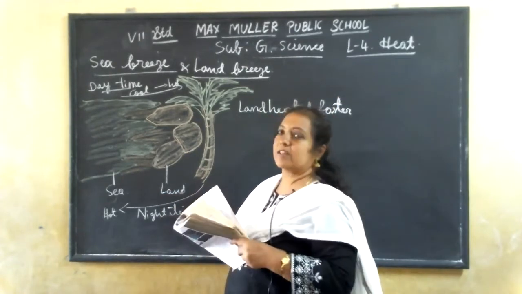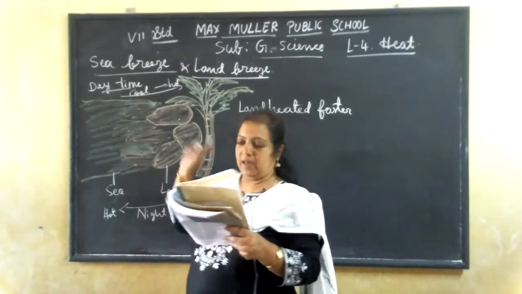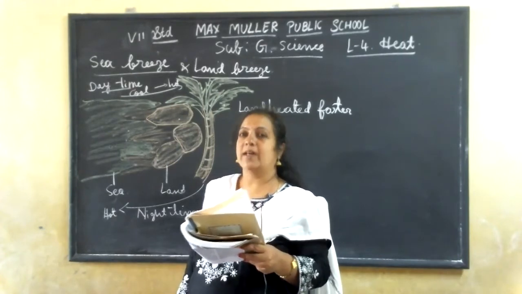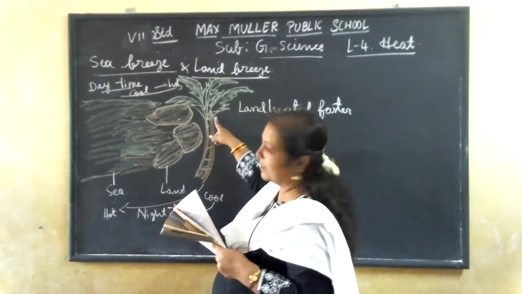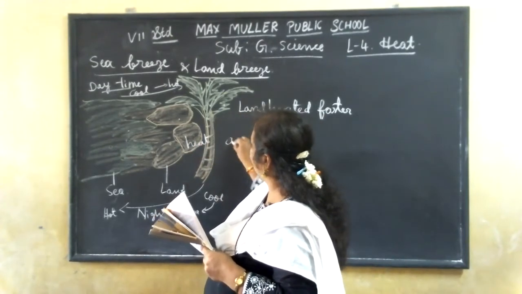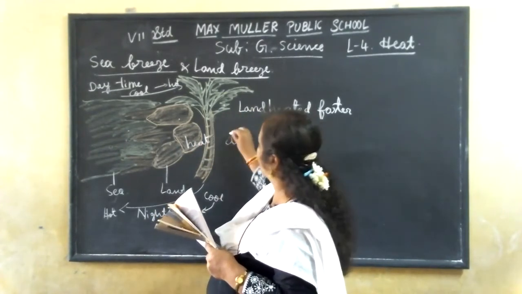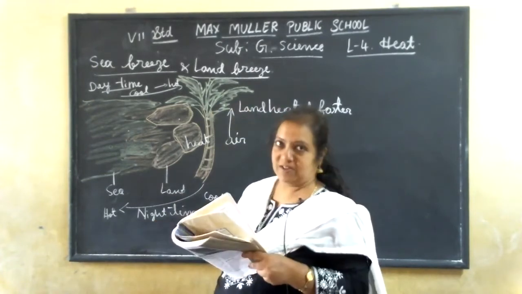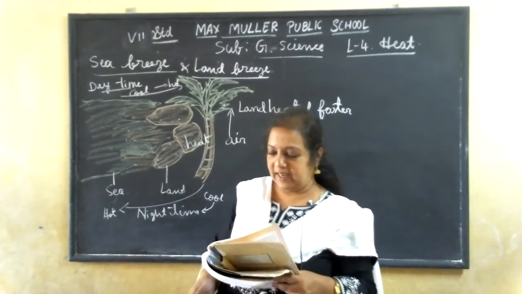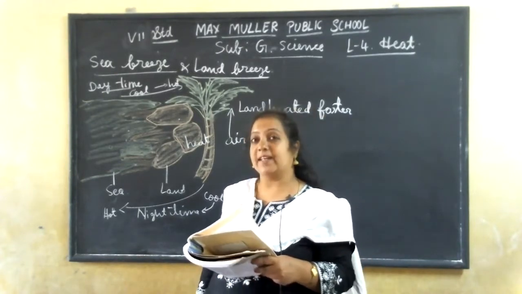Then the air over the land becomes hotter and rises up. Here it is heated, no? So the heated air molecules start to move upwards. Got it? Then the cooler air from the sea rushes towards the land to take its place.